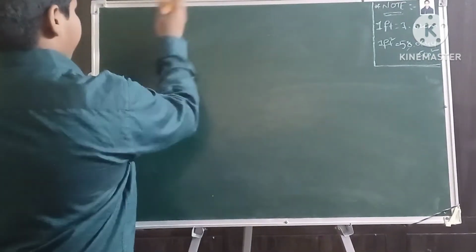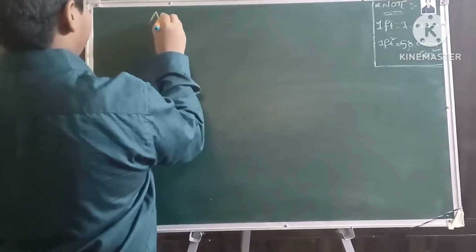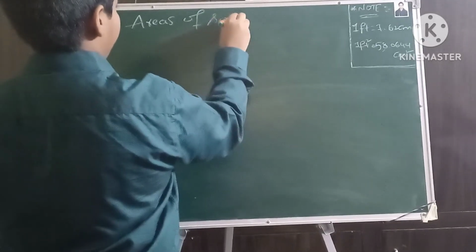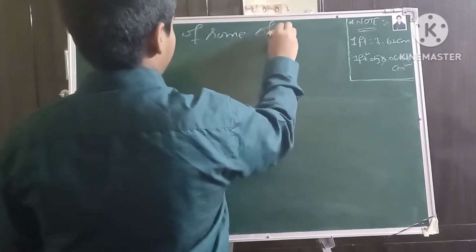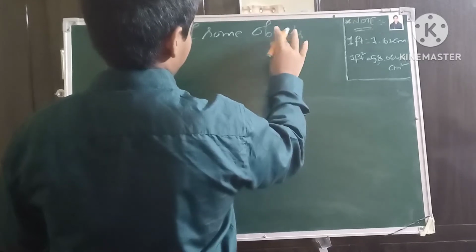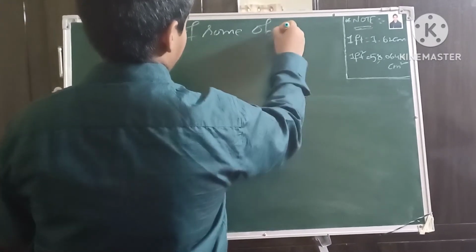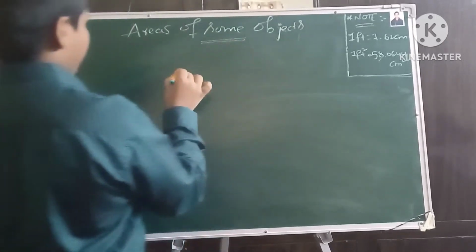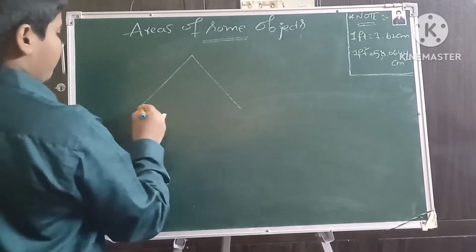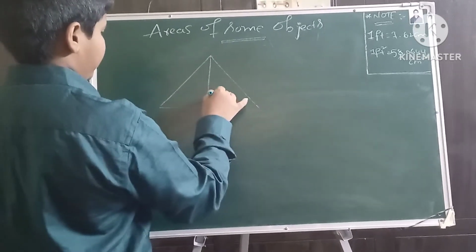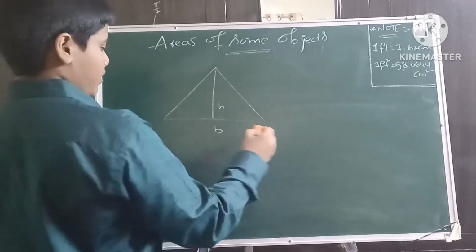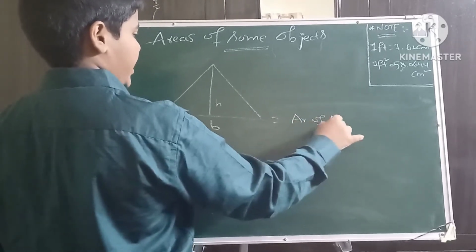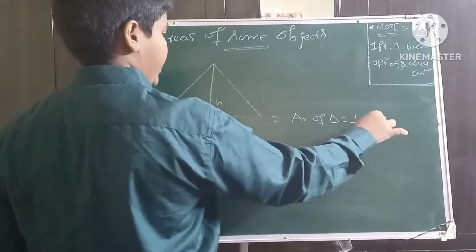Some areas of figures. Areas of some objects. If I take a triangle with height h and base b, the area of this triangle is equal to half bh.